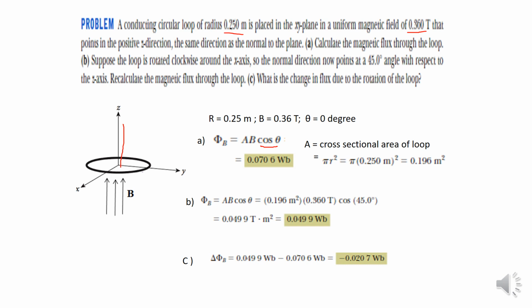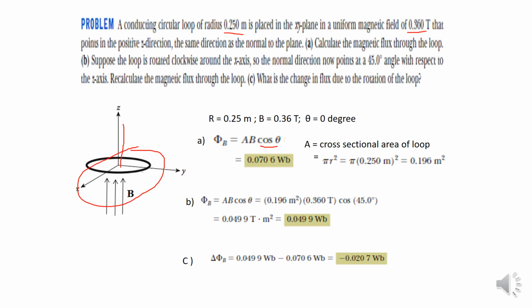Part B. Suppose the loop is rotated clockwise around the x-axis, so the normal direction now points at 45 degrees with respect to the z-axis. In part B, we rotate the plane so that the normal is making 45 degrees with the magnetic field.